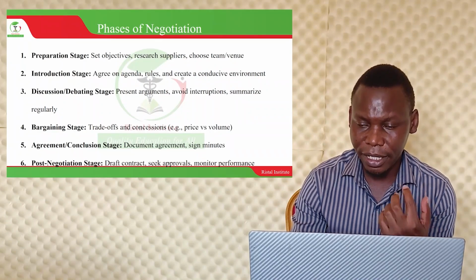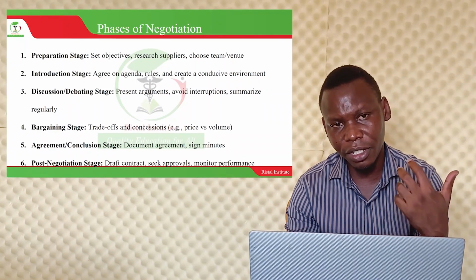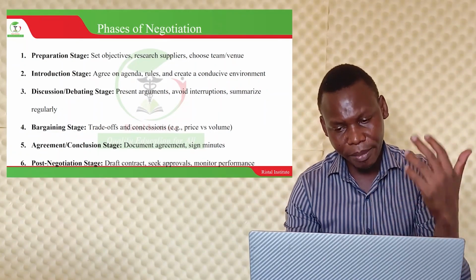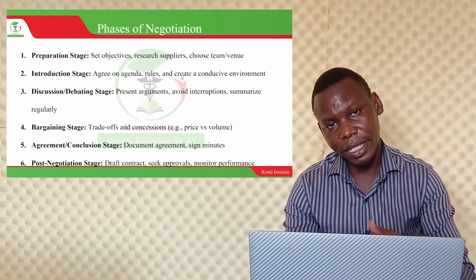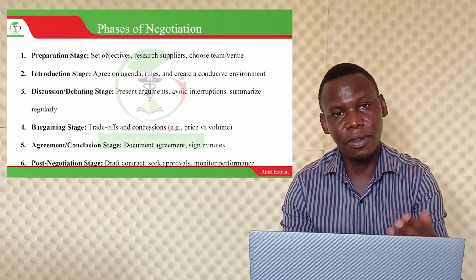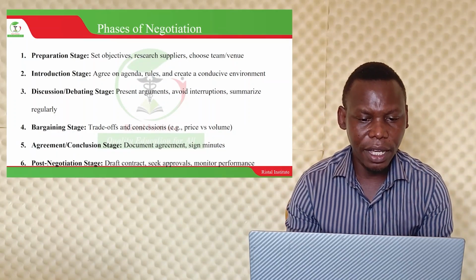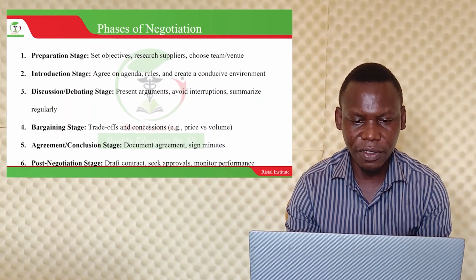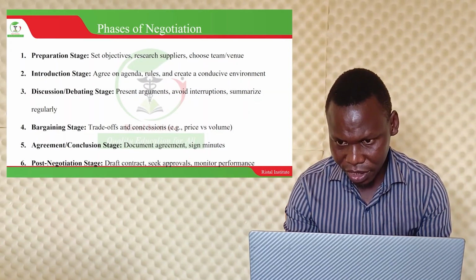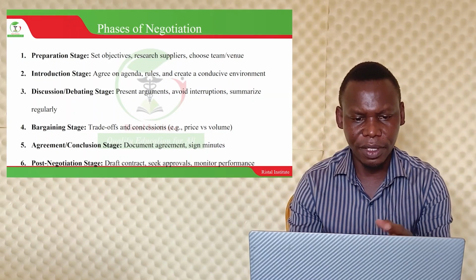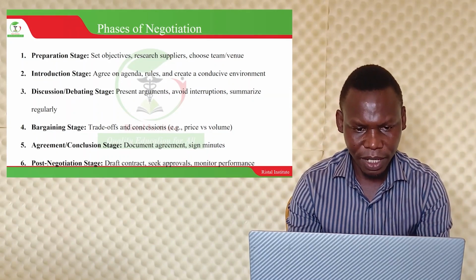And I said, in the best negotiation, for you to attain the best negotiation target or objective, you need to at least put it at a venue that is in your favor. Then the introduction stage, of course, introduce an agenda, rules, create a conducive environment. This is the next stage after the preparation stage.